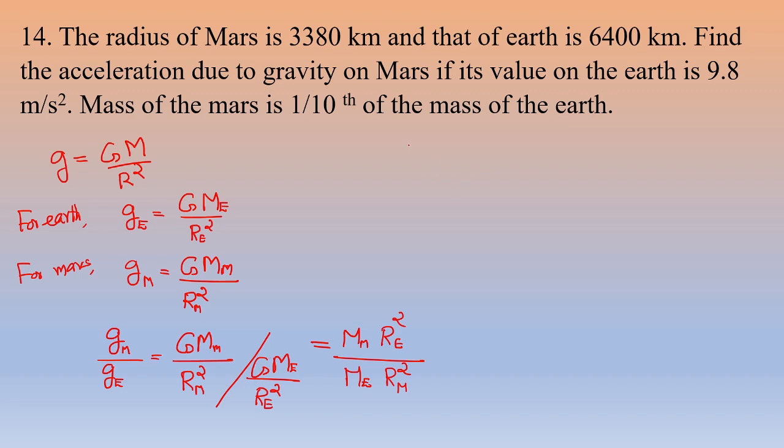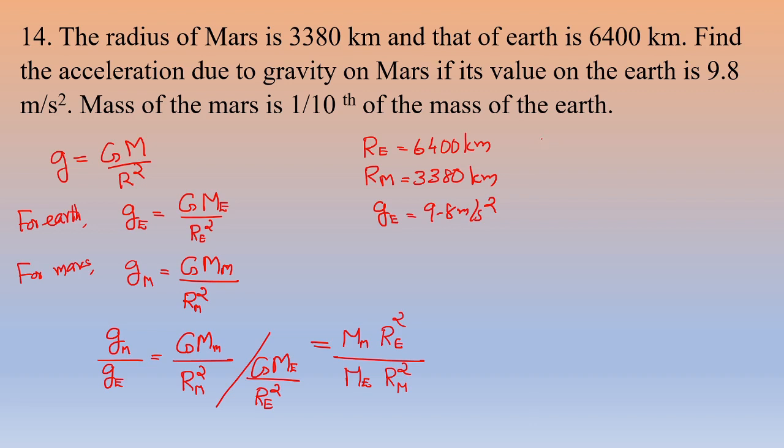Now let us see what information we are given. RE is given, 6,400 kilometer, and RM is equal to 3,380 kilometer, and the value of g on the Earth is also given, that is 9.8 meter per second square, and we have the ratio.